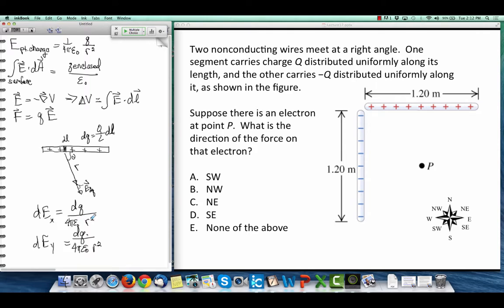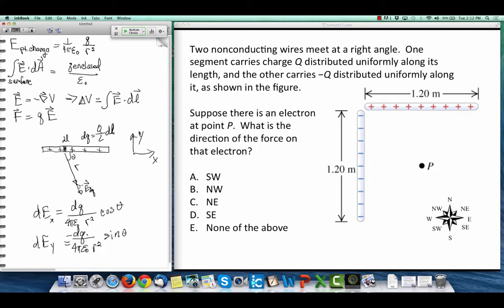Sine theta is going to depend on the x coordinate of the rod. There's your coordinate axes. Theta is going to depend on the x coordinate of the rod and the y distance to point P by normal kind of trig relation.